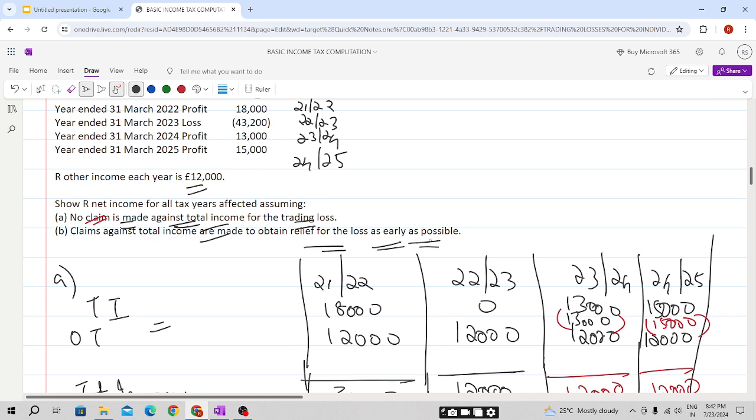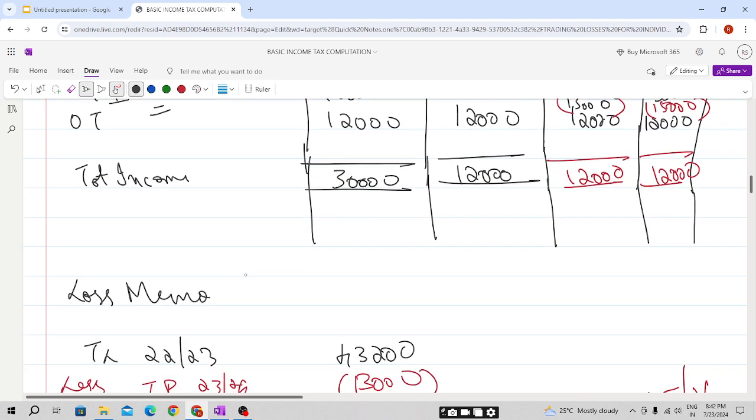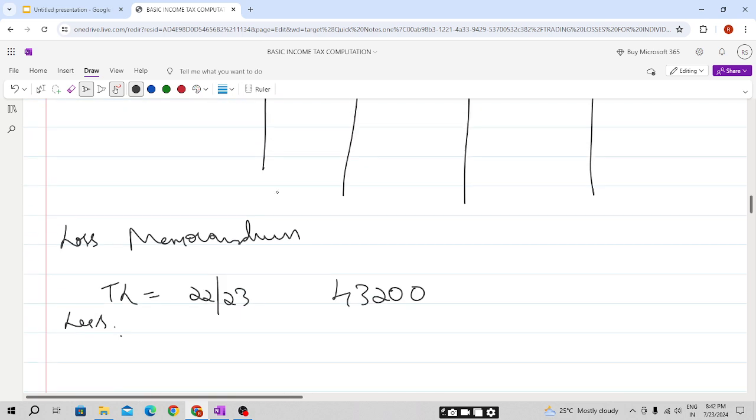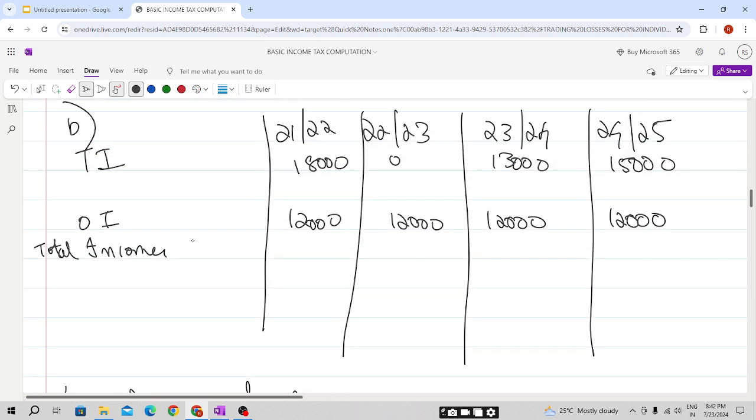So we have two options. A claim against total income is made, which means we set it off against total income of this year, 12,000, and we can also set off against the previous year. Relief against total income can be taken in the current year and also the previous year, either in isolation or together.